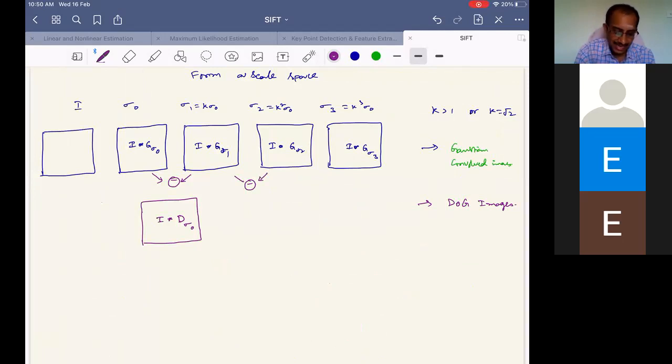So once I construct a scale space through convolution with Gaussians of different sigmas, I can construct the difference of Gaussian space at different scales. Hope you people understand.